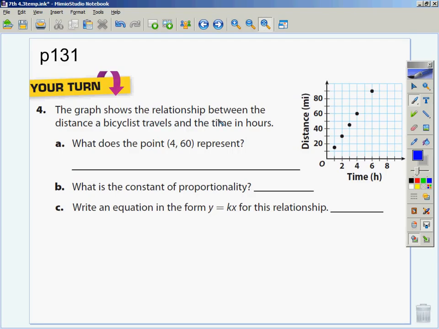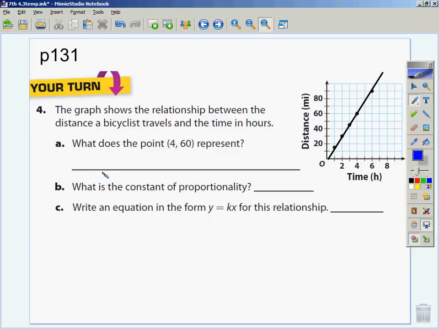The graph shows the relationship between the distance a bicycle travels and the time in hours. Okay? Do yourself a favor. Take the time to draw a line with your dots. What does the point 4, 60 represent?